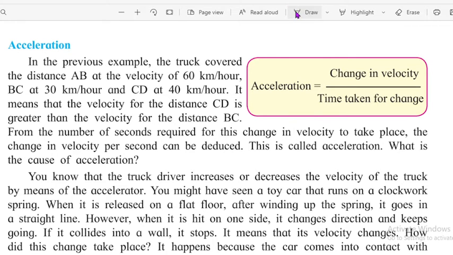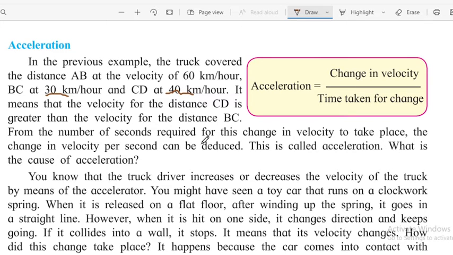You will see here 30 km per hour and here 40 km per hour.